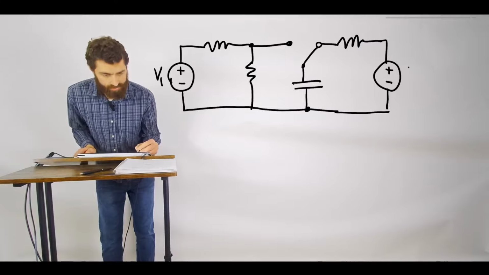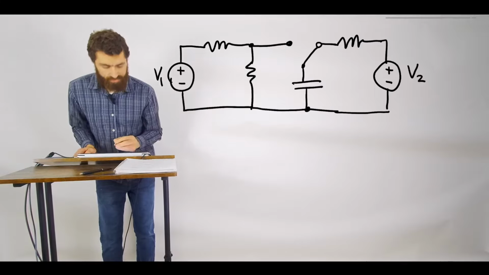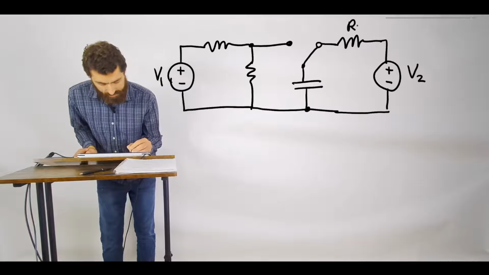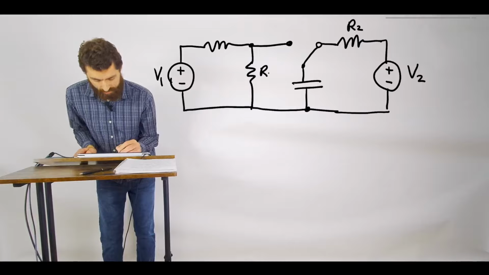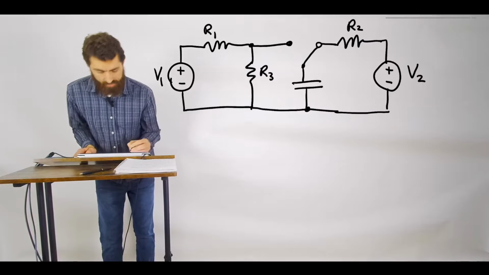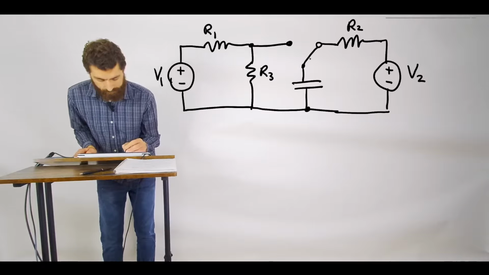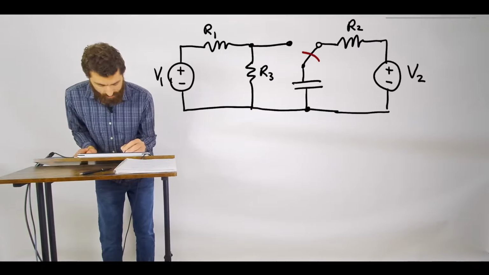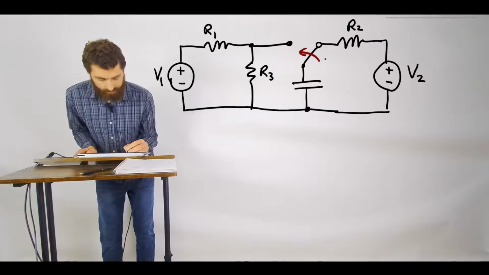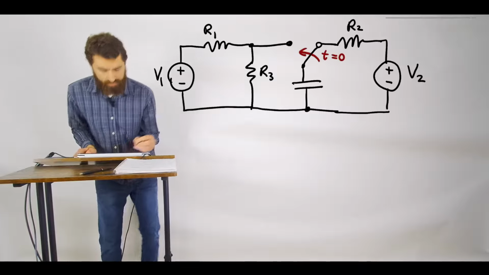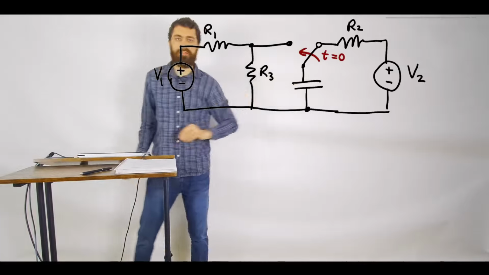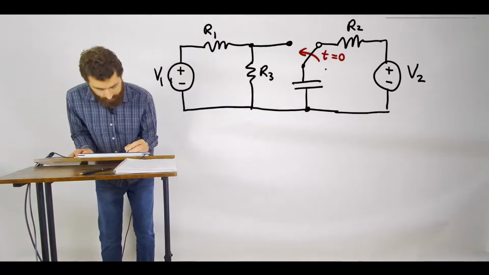Another voltage source, call that V2, it's R2, R3, R1. And we'll go ahead and say that the switch moves from here to here at t equals 0.